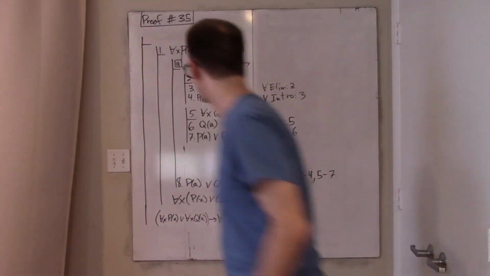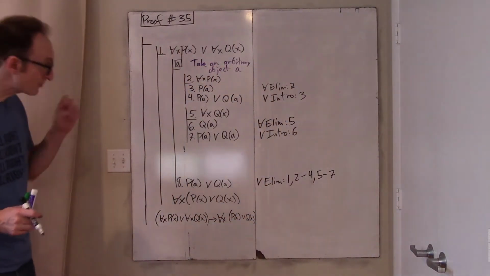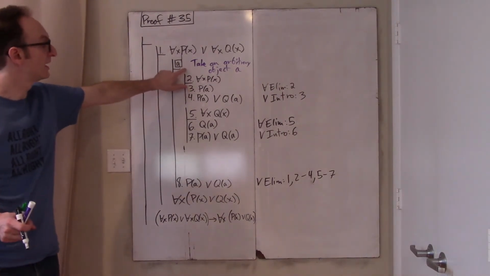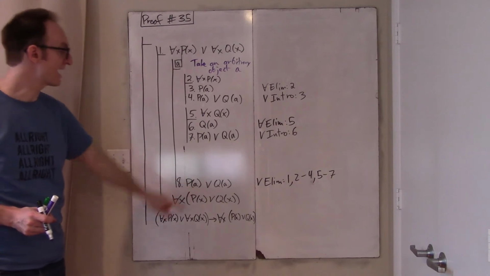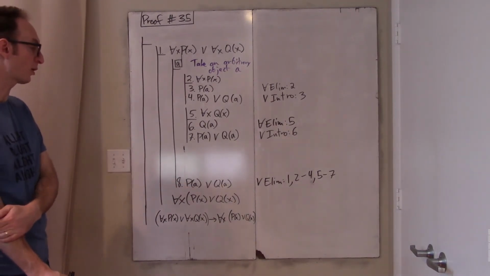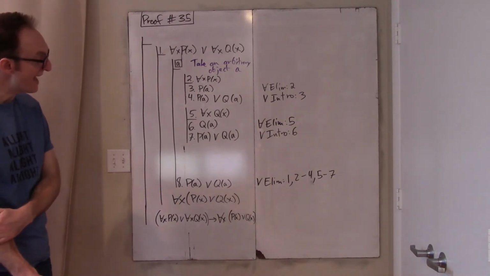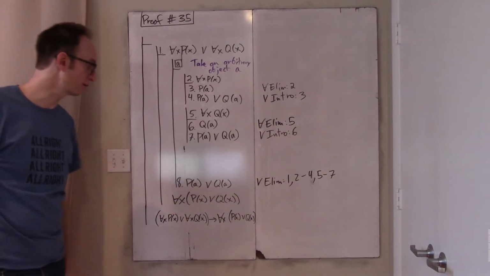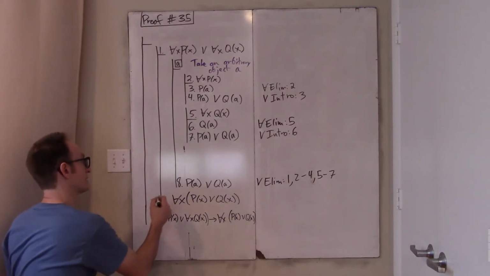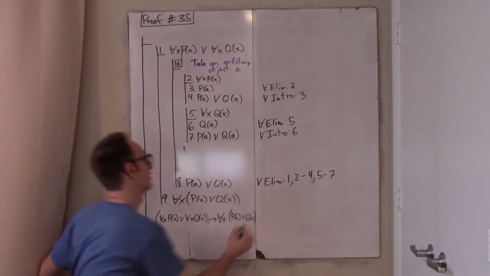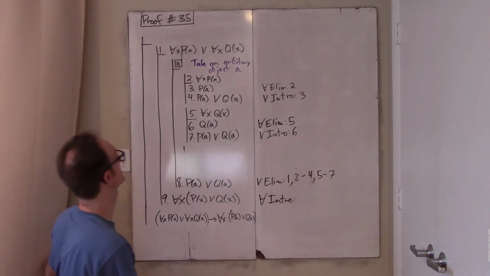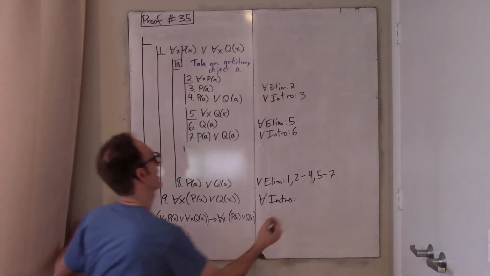Okay, now the big picture here is I proved in line 8, sort of from nothing, that A has either property P or Q. If A has either property P or Q, then everybody has either property P or Q. And so my conclusion now is universal introduction, universal intro 2 through 8.